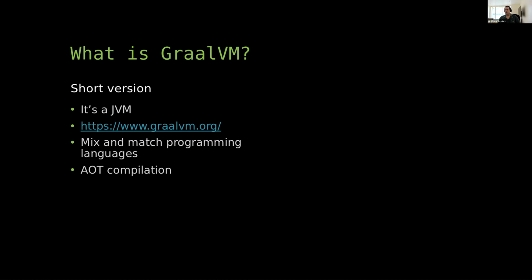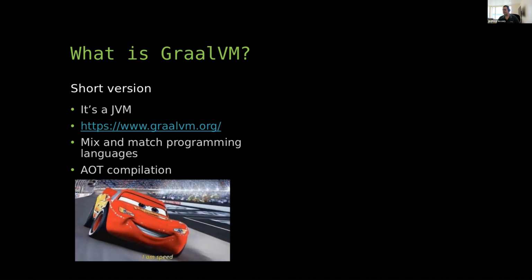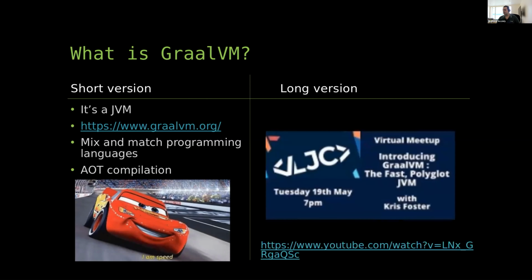And it can do ahead of time compilation. So every other Java developer that is salty with the Java is slow meme, now we can get great startup times and things like that in Java as well. So it is fast. For the long version, we had a talk about this from Chris Foster from Oracle. Go and watch his talk. He'll explain to you in 1 hour what GraalVM is.